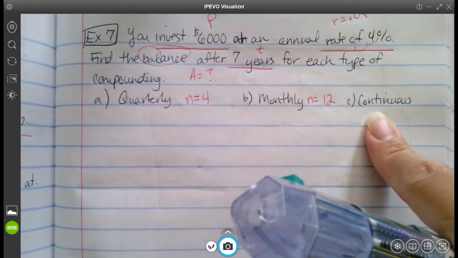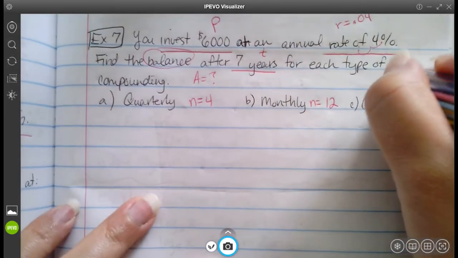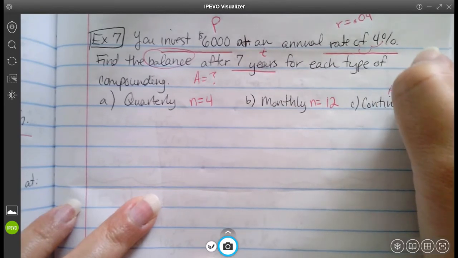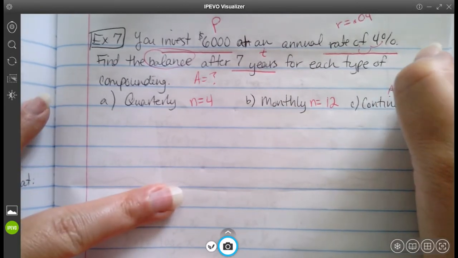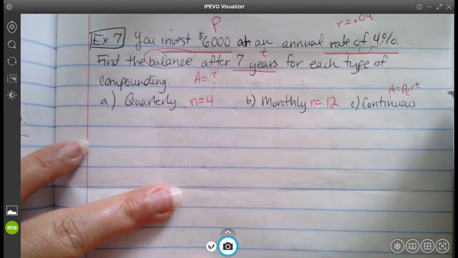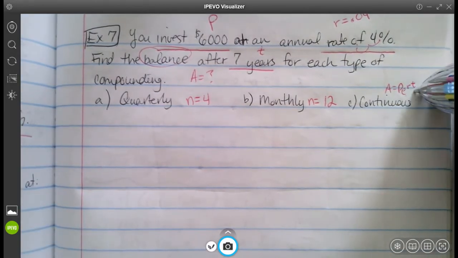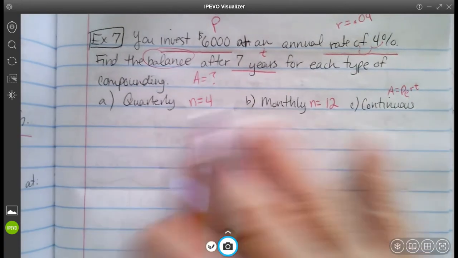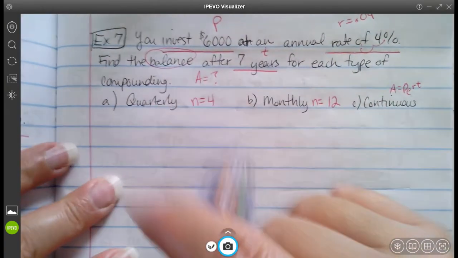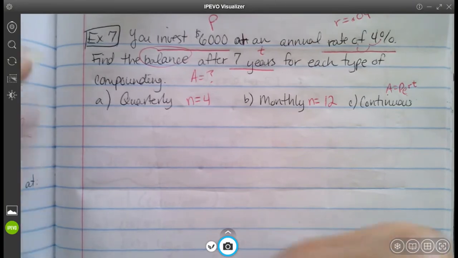And then continuous is going to be that second formula, A equals P e to the r times t power. I just remember this one as PERT. Continuous is going to be PERT. Let's go ahead and try this. All we have to do really is plug everything in.